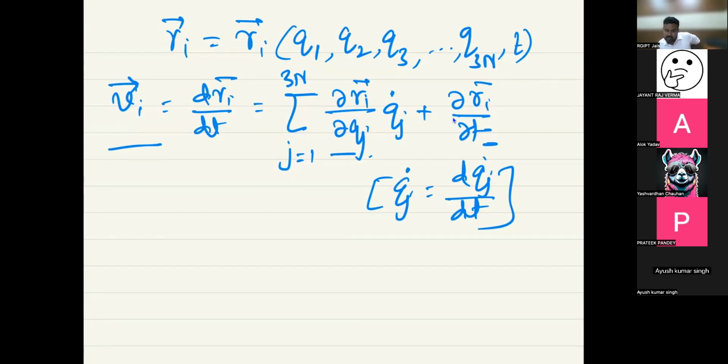Otherwise, it will be difficult for you to derive. If we ask you to do any derivation during the exam, you cannot memorize all this differentiation. So you should really understand how this differentiation works and why we are writing it like this. Here we wrote qj dot because in dri by dt, there is also the del qj by del t term. That's why we wrote qj dot.